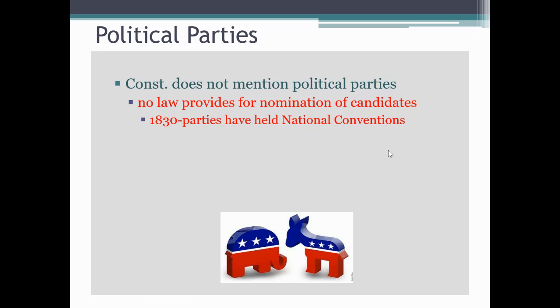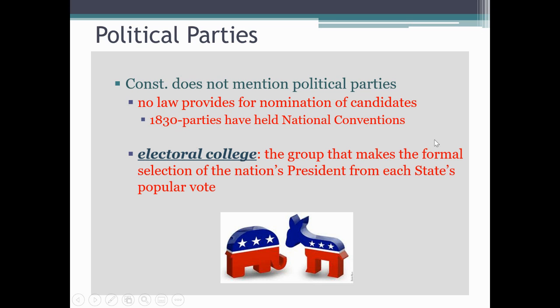For example, they are the ones that find candidates and present candidates to the people to vote, especially for the office of president. So they nominate candidates. They hold national conventions. We just had one this past summer, because they're held every 4 years before a presidential election.